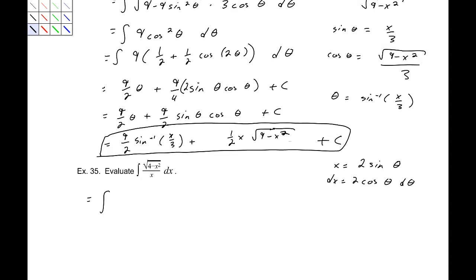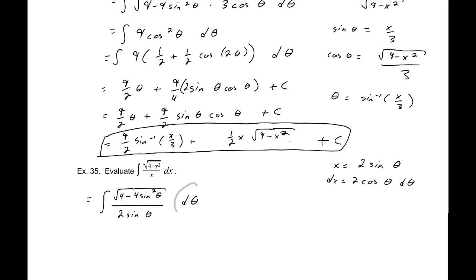So this will be the square root of 4 minus 4 sine squared theta over 2 sine theta, and dx we need to replace with 2 cosine theta d theta. That is a complete substitution there.